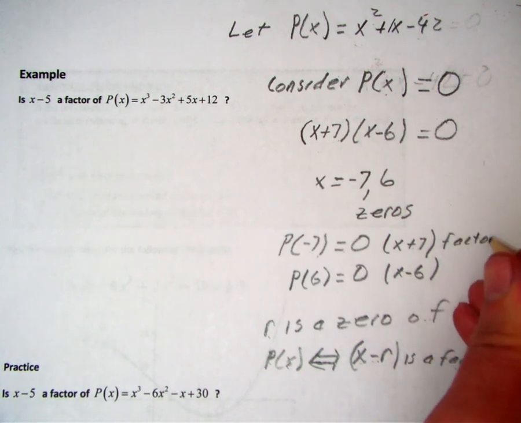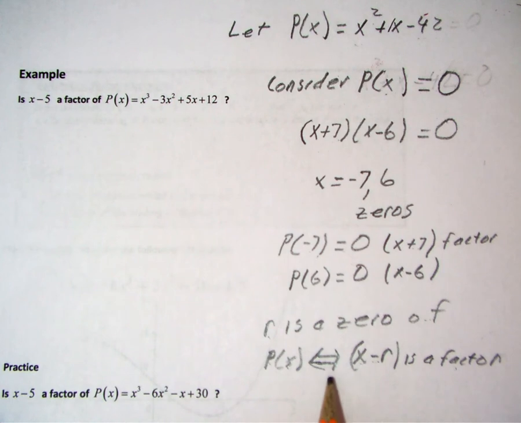Right here we're using the concrete values negative 7 and 6 and showing the corresponding factors. Here we're saying it more in general. Sometimes math notation makes things harder than it really is. This is something that's obvious, but we're just making it formal.